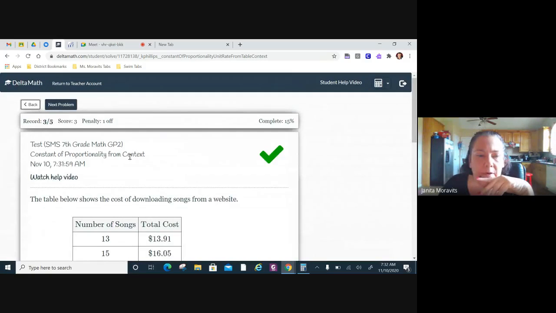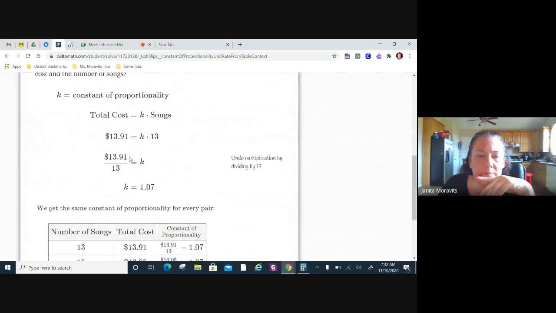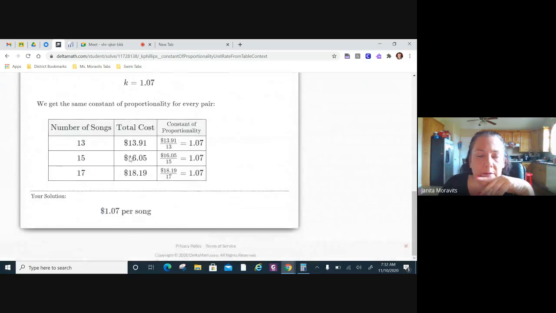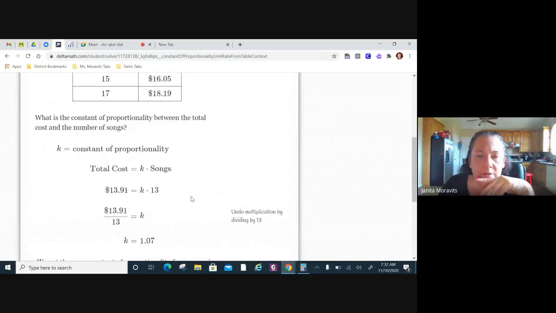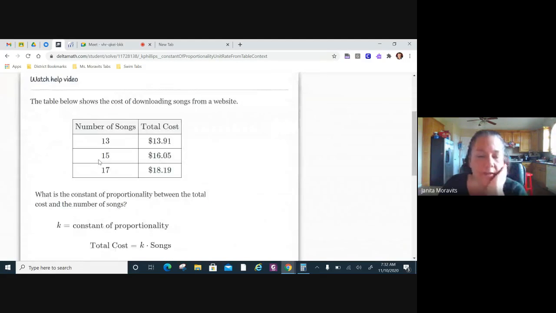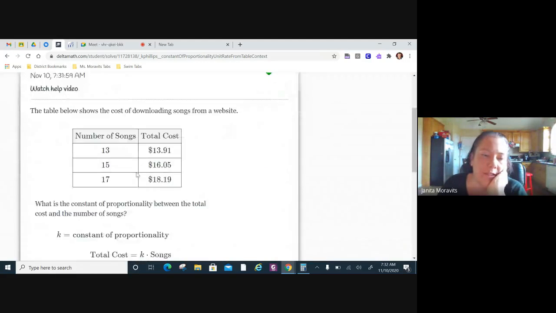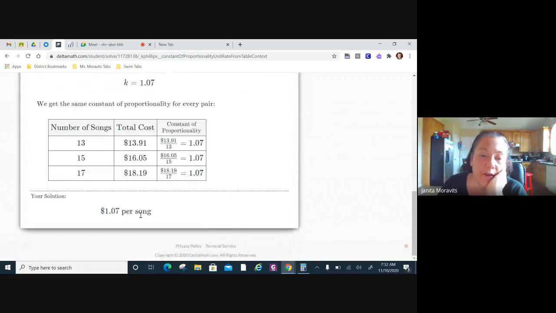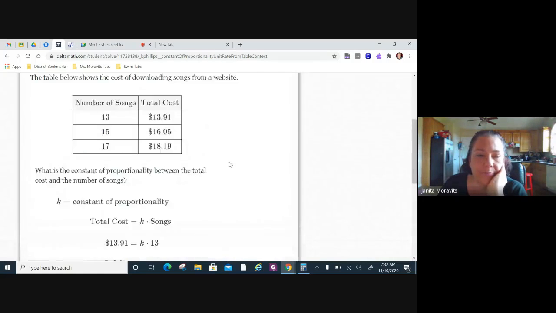There we go. Oh, okay. There it is. It decided to submit it. So it is $1.07. All right. And we did it right. I'm not sure what's happening with my Delta Math here, but that's okay. Like I said, you're finding your one thing, and they wanted to know per song. So you're dividing these out and you can find the same one for each pair.